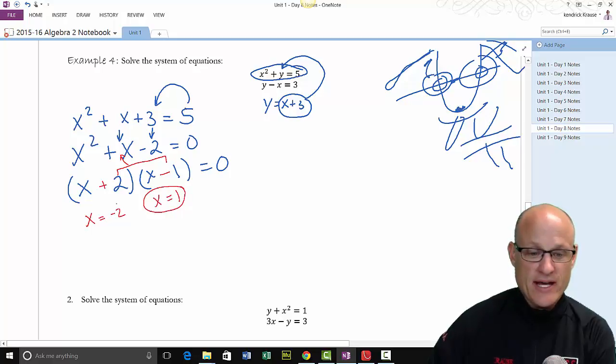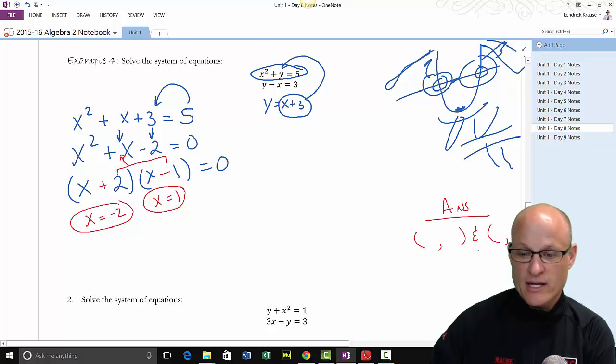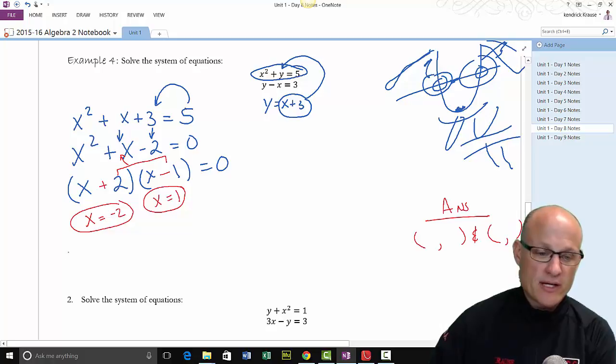But I know my answers are going to have two parts for each: I've got to have an x and a y. So x and y, x and y. I'll bring down this equation, y equals x plus 3, and plug this in: y equals negative 2 plus 3, so y equals 1.